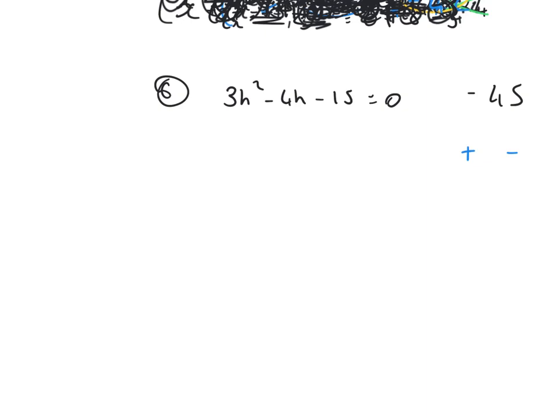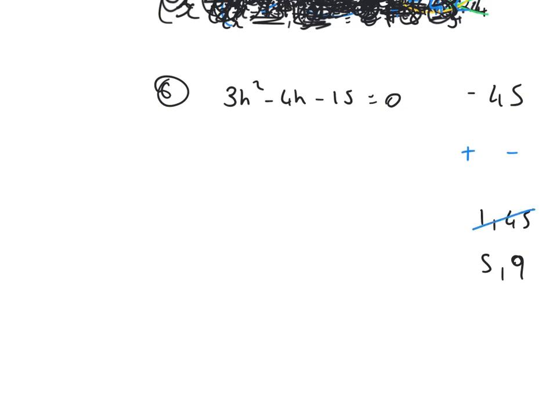Okay, so I'm looking for two numbers that multiply to give minus 45, add together to give minus 4. I know that the signs will be different. Okay, combinations for 45, 1 and 45, and I can't really go further than 5 and 9. Okay, so I need to use one of these pairs to add together to give minus 4.